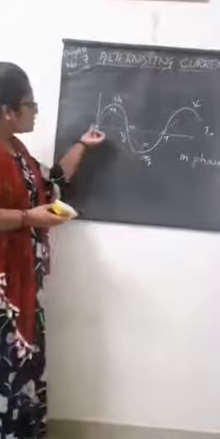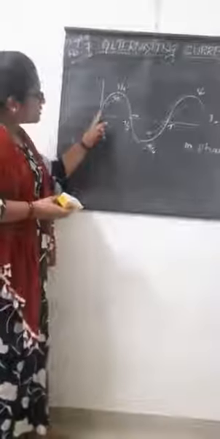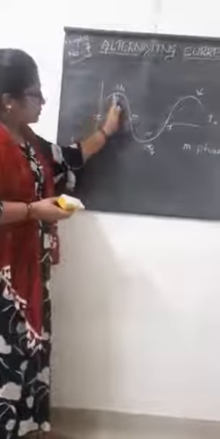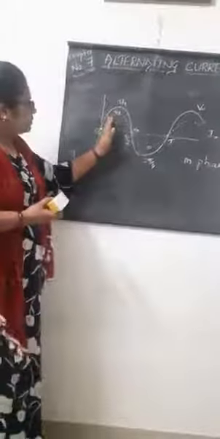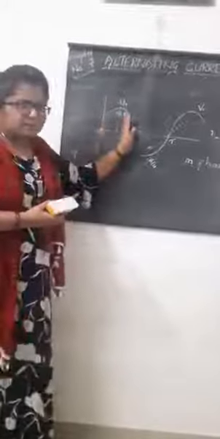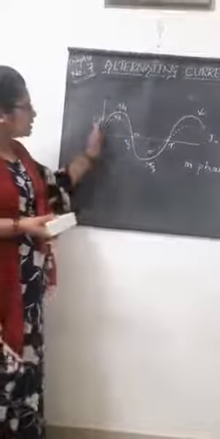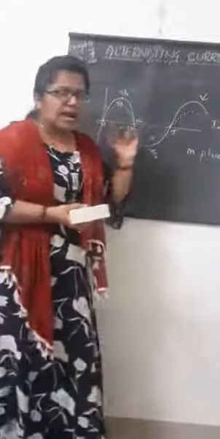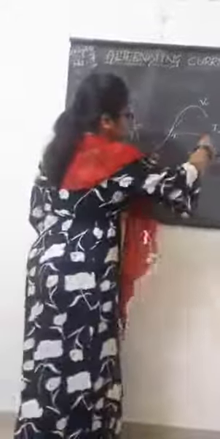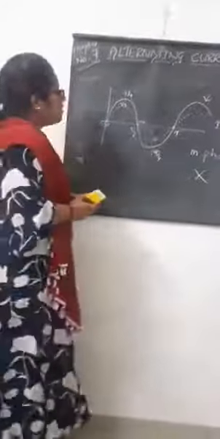Wave A has covered a phase of pi by 2, and in the same way wave B has also covered a phase of pi by 2. There is no difference; they are in the same phase, hence in phase. The phase difference between these two waves is said to be 0. Understood? So this is the first type.